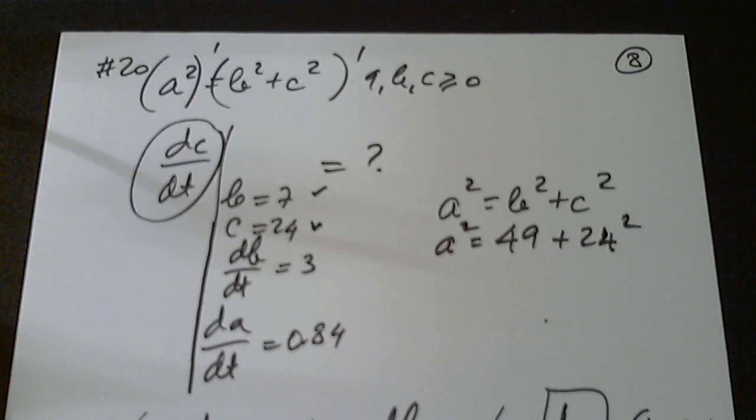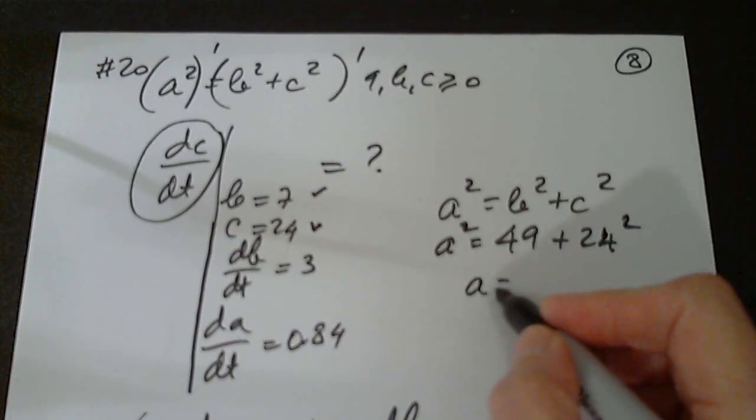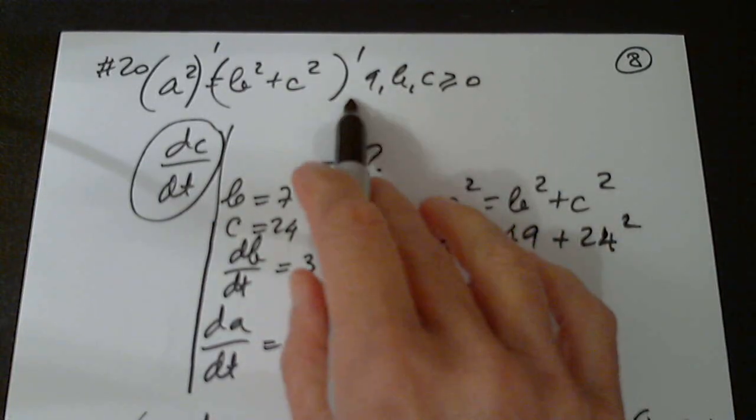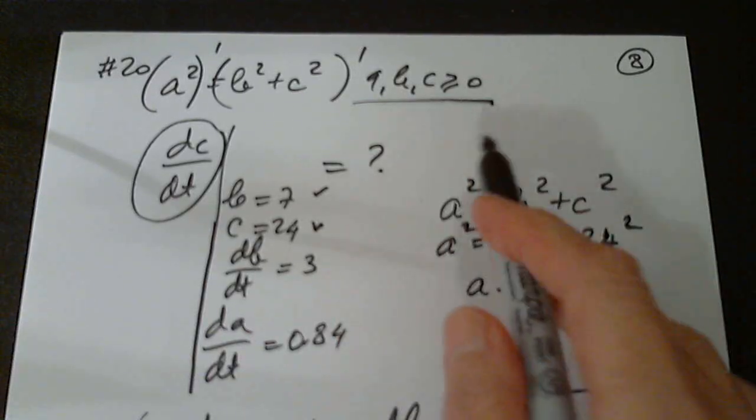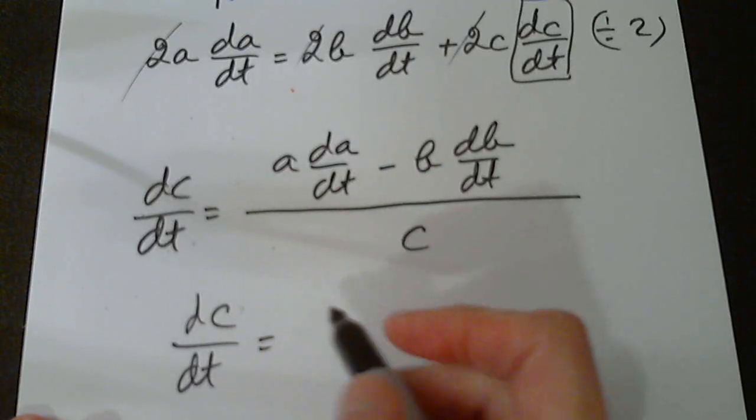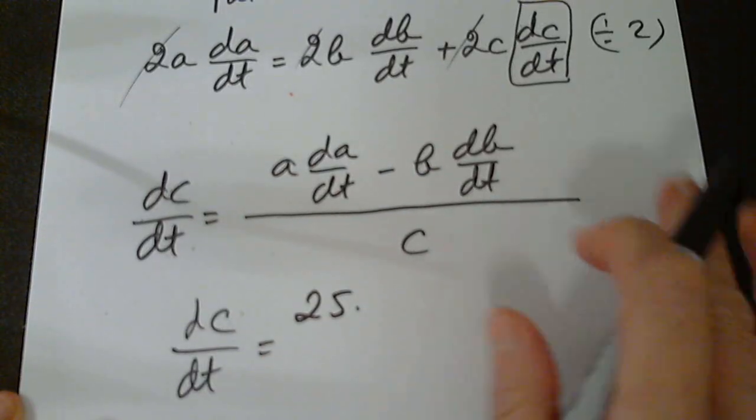I have 49 plus 24 squared. I take the square root, and we know that this is 25. So then a is 25. I did not apply plus or minus, because they're already telling us that a is nonnegative. So back to our final answer, 25.